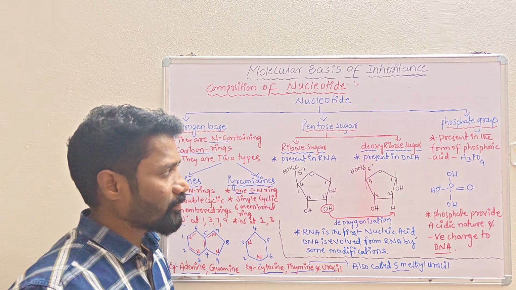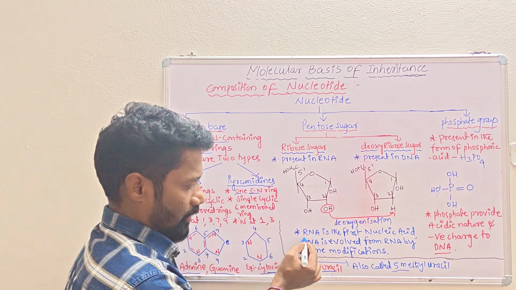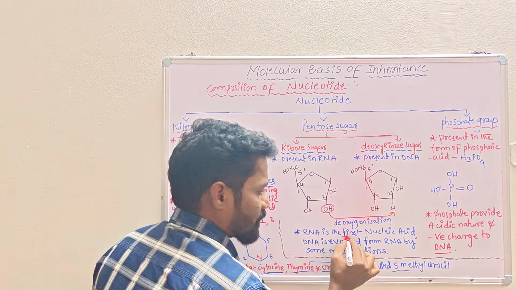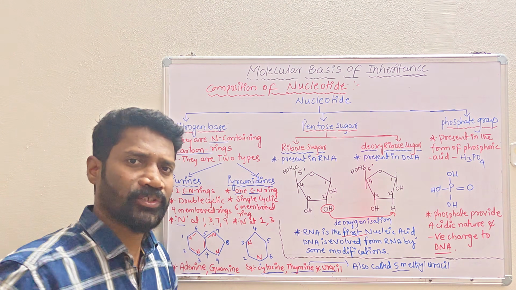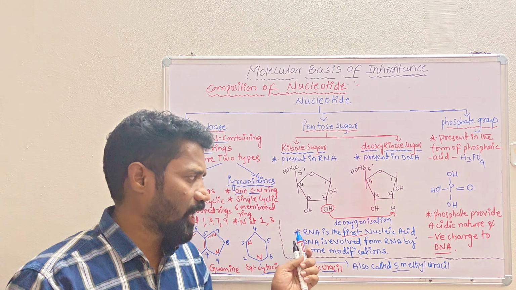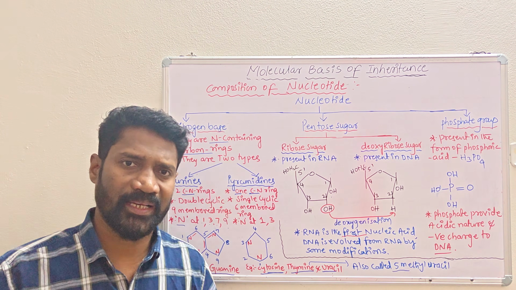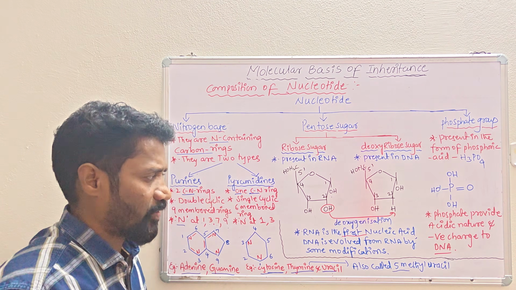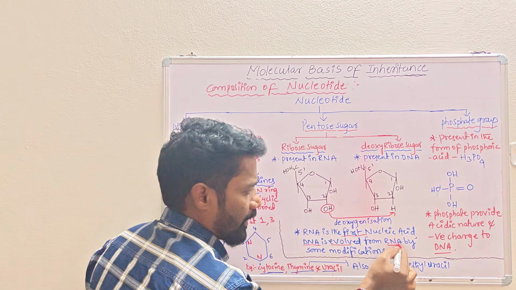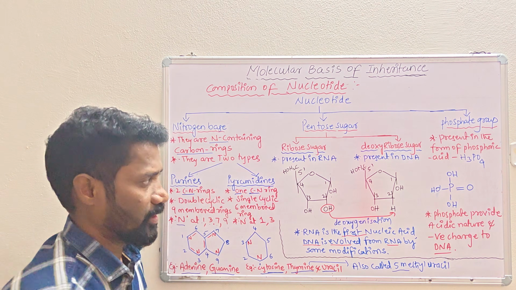After that, this line is very important here. Which one is the first nucleic acid actually? RNA is the first nucleic acid. There is some evidence also. Just remember, RNA is the first nucleic acid or first genetic material. But what about DNA? DNA evolved from RNA by some modifications.